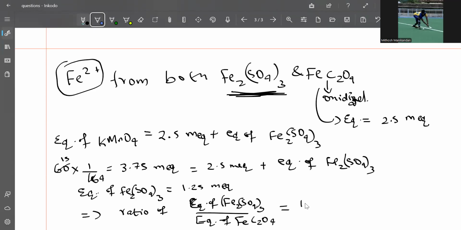It is 1.25 milli equivalent divided by 2.5 milli equivalent. So it will come as 2. Okay. So this is how you do the question number 37.